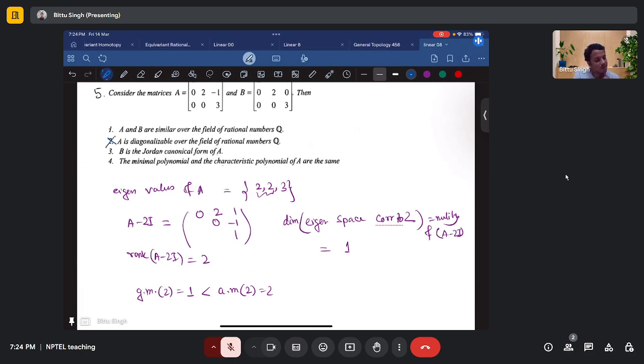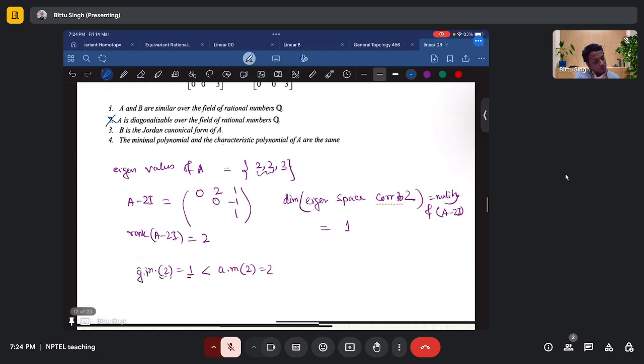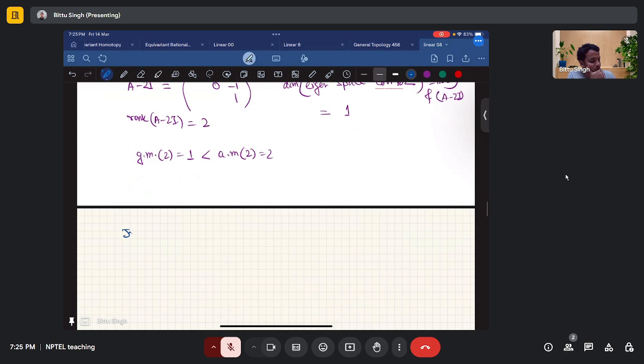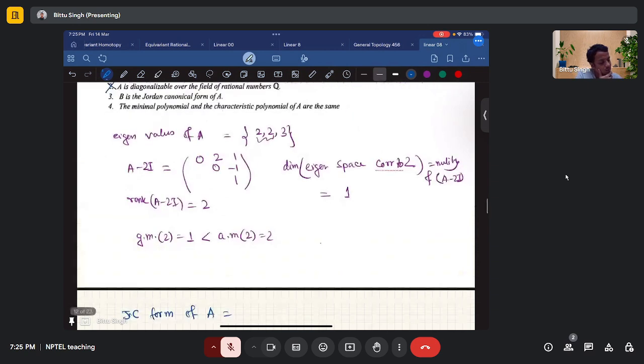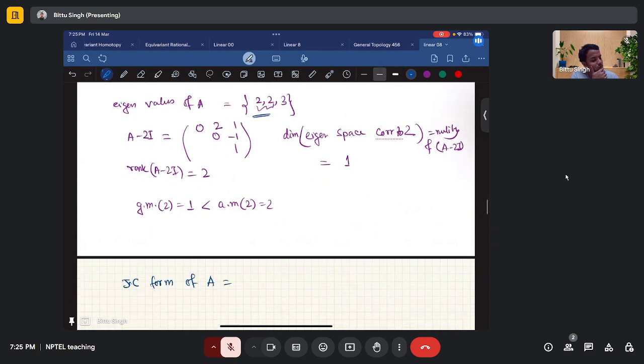Now let us see what the other options are. A and B are similar over rational. Okay, let us see what the Jordan form is. So the Jordan canonical form of A will have eigenvalues 2, 2, and another eigenvalue 3.